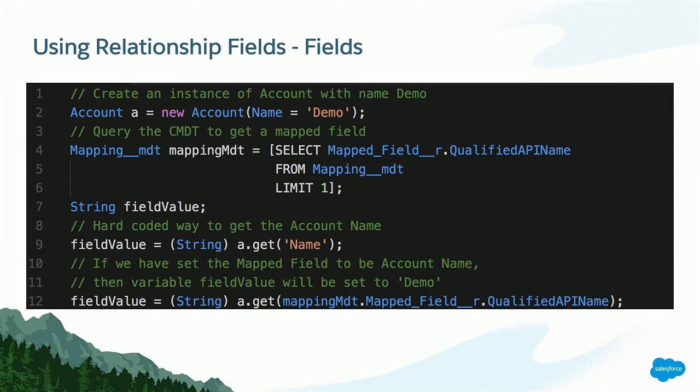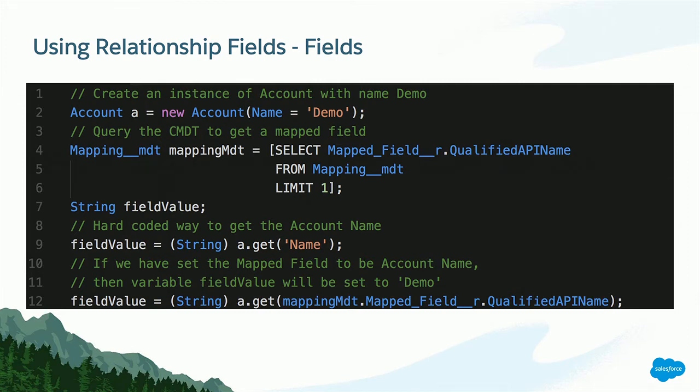The nice thing about qualified API name is it will include the prefix for custom or managed packages, so it'll grab the right thing for me. So in this case, I'm just saying a.get and then the mapping MDT object, or actually the custom metadata type record, the mapped field, and then its qualified API name. So this way, I'm making it dynamic. I can go grab whatever field I need off of that. You may have some problems around casting.